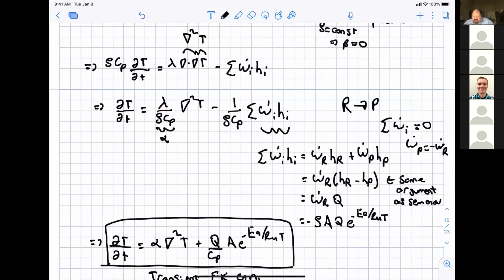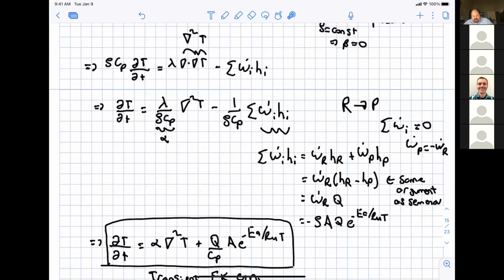Okay, and so we basically go through the same steps that we did for Semenov: we substitute in omega dot P equals minus omega dot R. That allows us to factor out an omega dot R, and then get this enthalpy difference between the products and the reactants. And because we are assuming constant Cp for all species, and I showed this in detail for Semenov, this quantity here just becomes your heat of reaction.